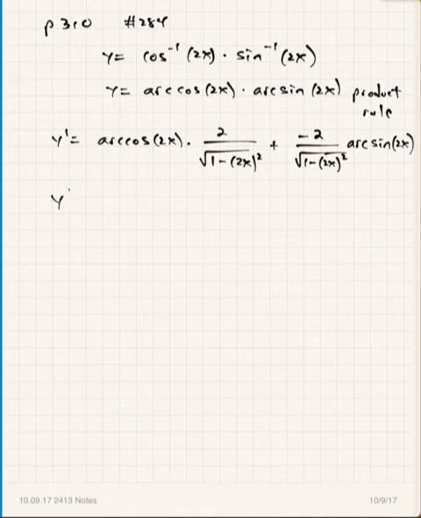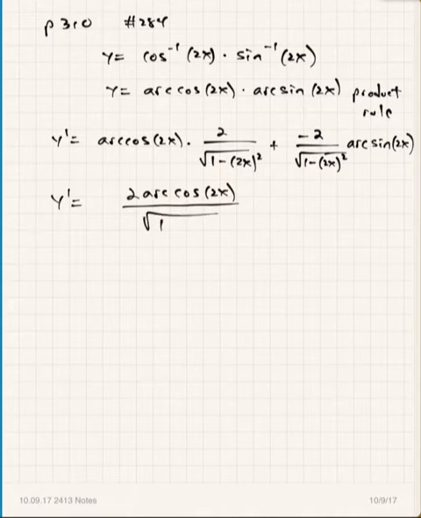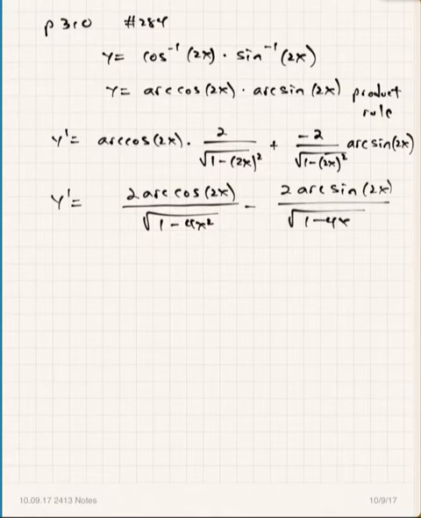And so y prime would be 2 arc cosine of 2x divided by the square root of 1 minus 4x squared minus 2 arc sine of 2x over the square root of 1 minus 4x squared.